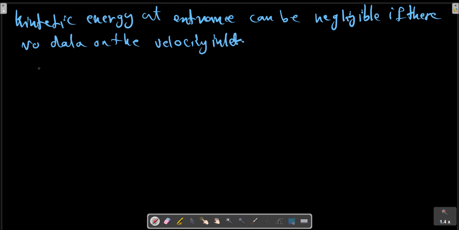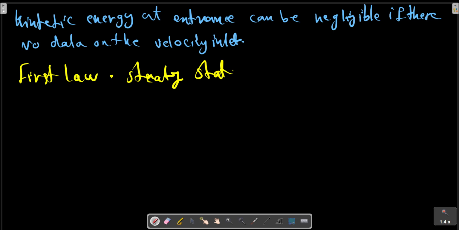So we can write the steady state first law, which is Q plus delta KE, for example. Let me write the velocity term.